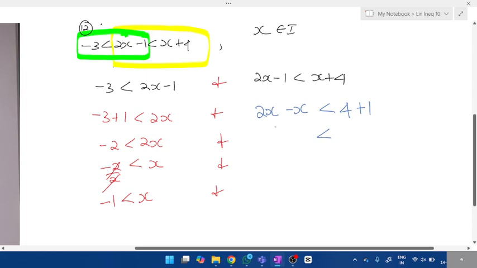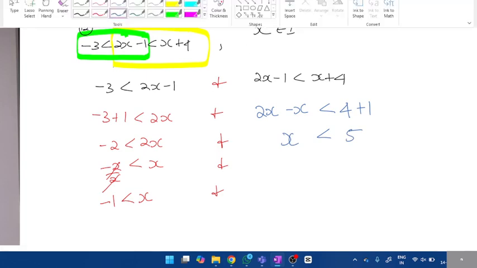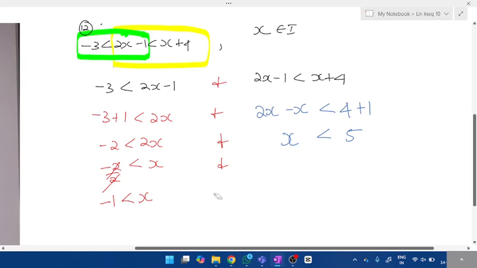Here what do you get? 2x minus x. Yes, x. x is less than 5. Right? 5. Okay. Yes. All of you got the same values.